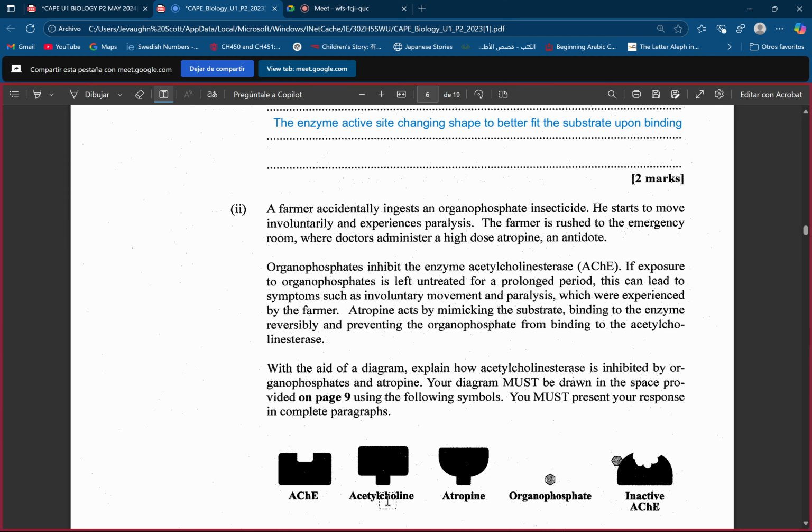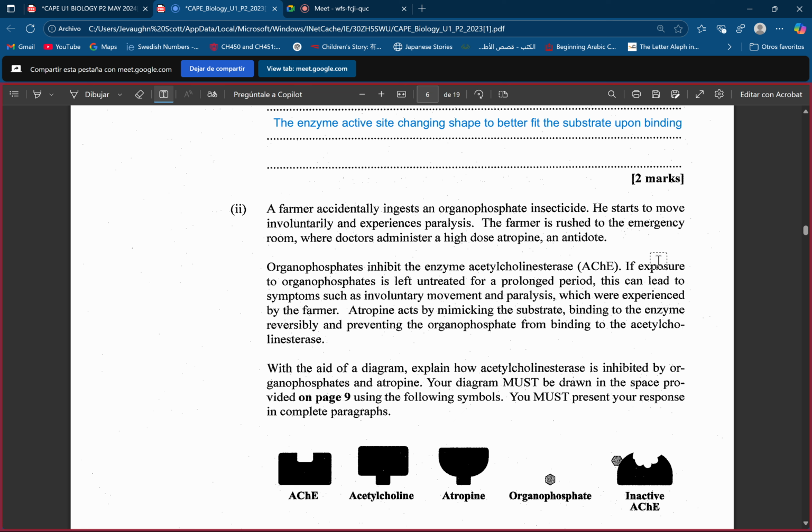This is now just looking at organophosphate and the acetylcholinesterase, right? This is a part of the syllabus. It asks us to use acetylcholinesterase as an example, so we must be familiar with this already. All right. So a farmer accidentally ingests organophosphate insecticide.